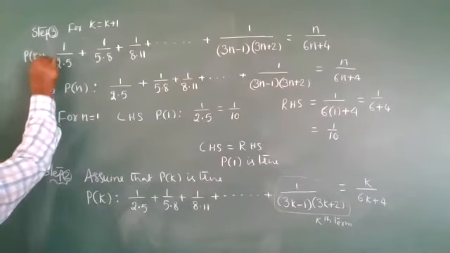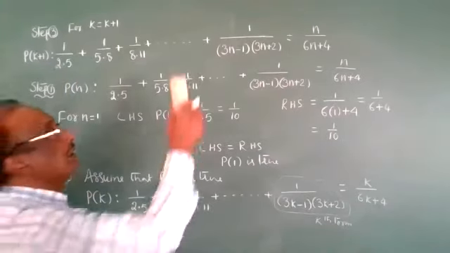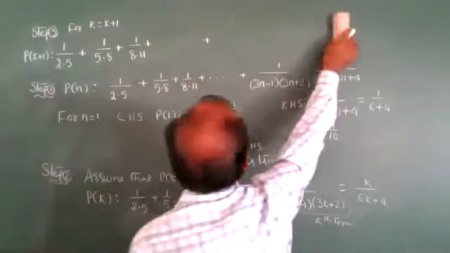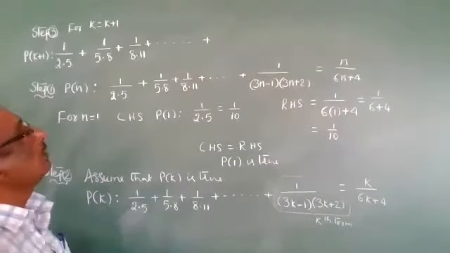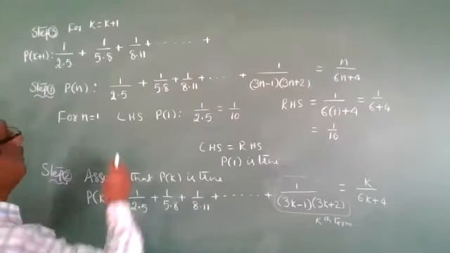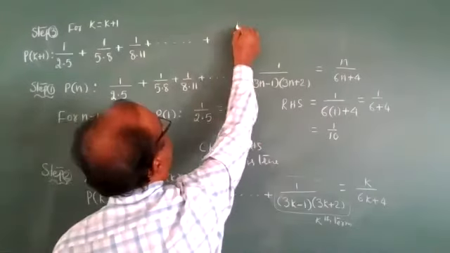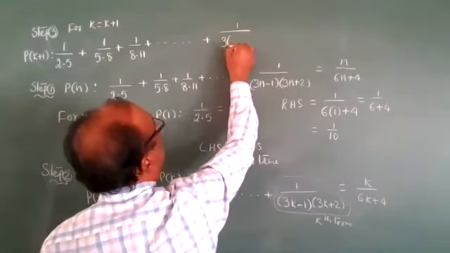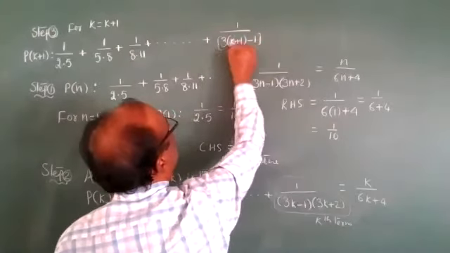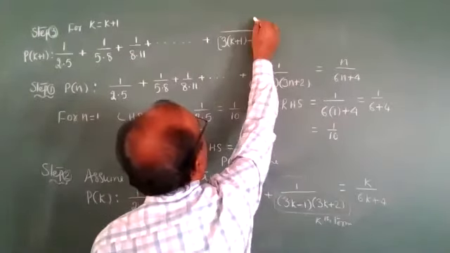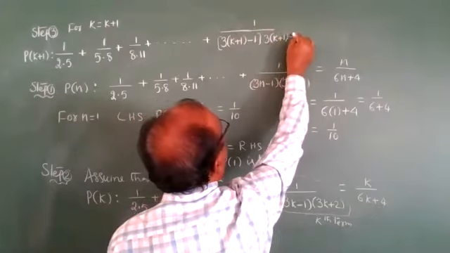Observe: 1 by 2 into 5, 1 by 5 into 8, 1 by 8 into 11, and in place of k, write 3 into (k plus 1 minus 1), and the other factor is 3 into (k plus 1) plus 2.